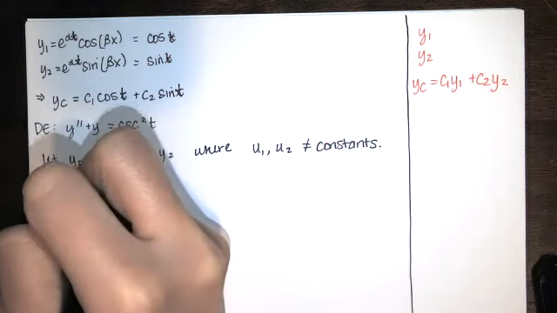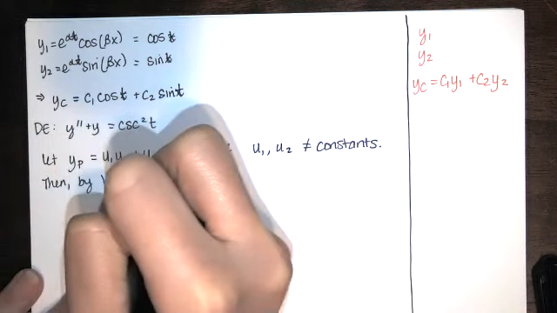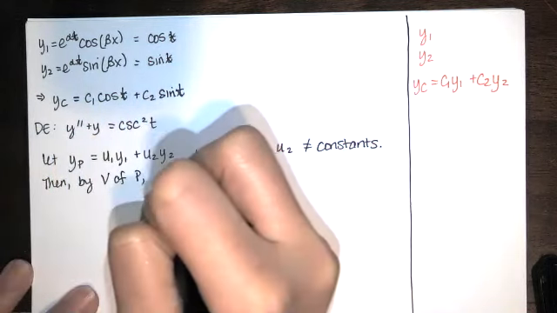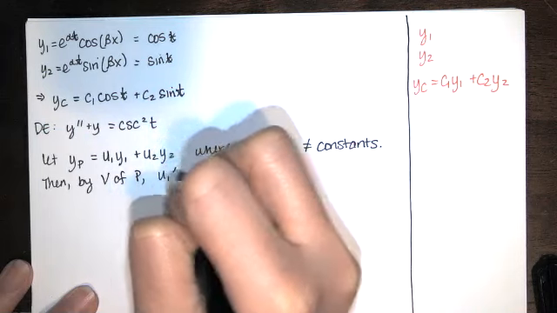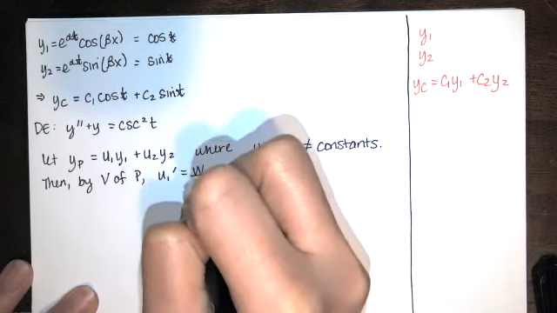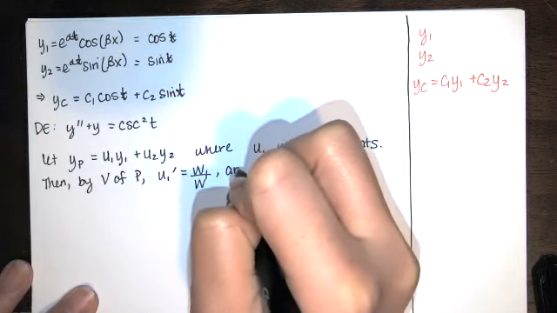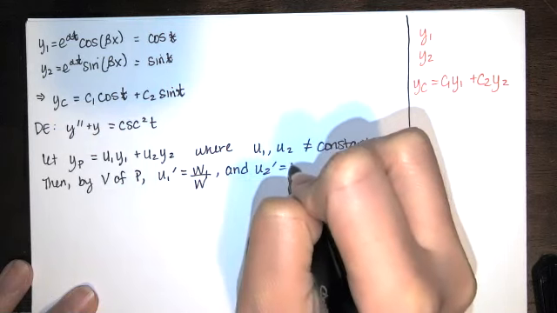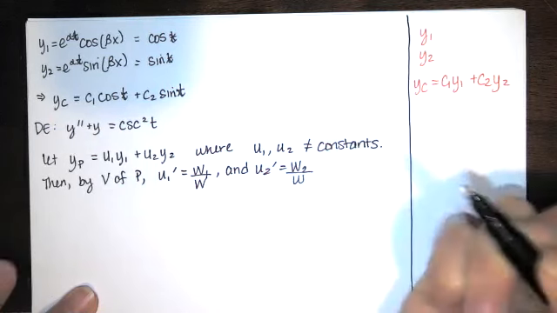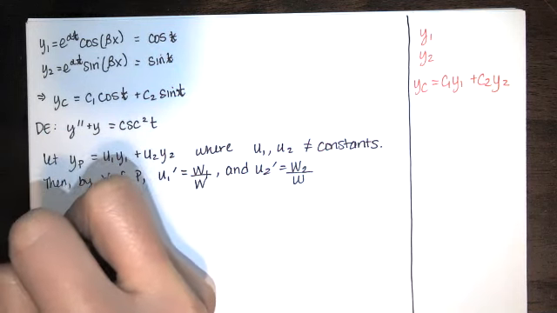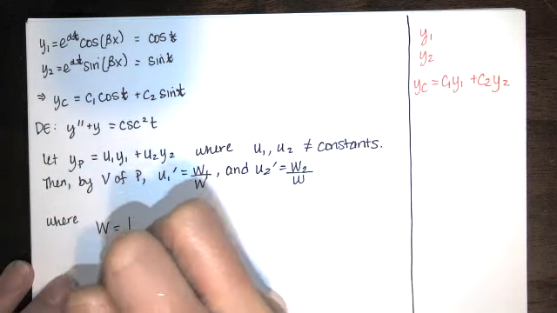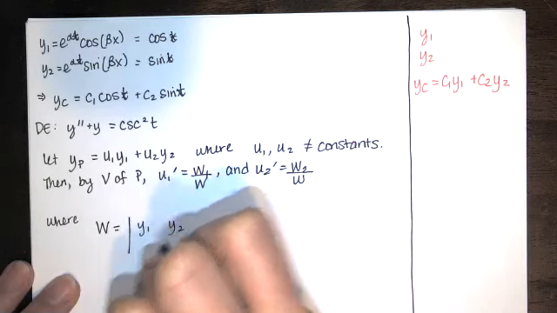Then, by the derivation we did in class for variation of parameters, we saw that u1 prime had to equal w1 over w, and u2 prime had to equal w2 over w, where w is the Wronskian of y1 and y2.